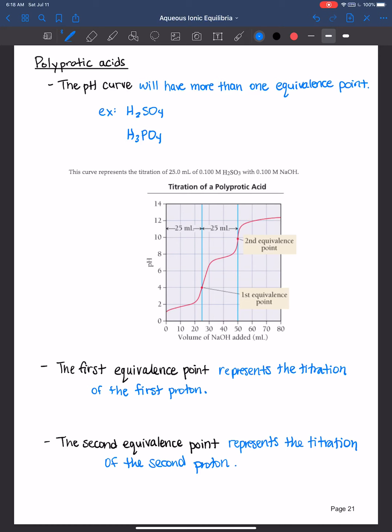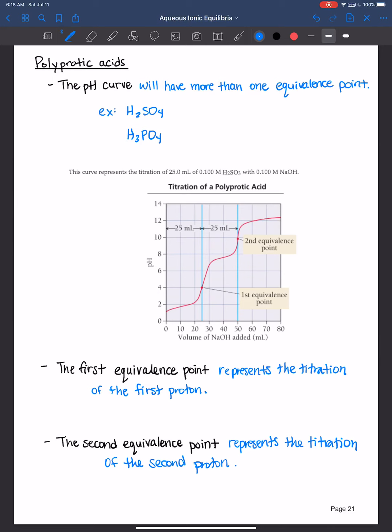So basically, when I say moles of what's in your beaker equals moles of your burette, you think of moles of what's in your beaker as how much of what I'm titrating with is needed to pull off that one proton at a time when it comes to polyprotic acids.